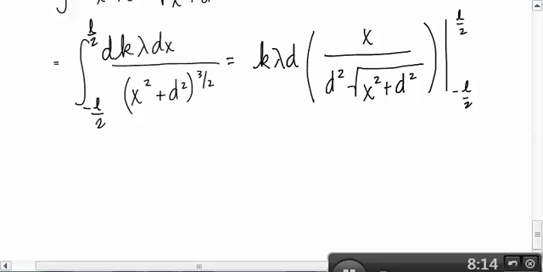What's important is being able to set it up. Please don't go through the trouble of memorizing that integration.